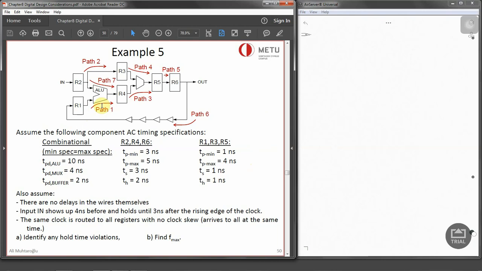For path 1, for Fmax we need R1's maximum propagation delay, the ALU's propagation delay, and R4's setup time. And for the hold time violation, we need R1's minimum propagation delay, plus the propagation delay of the ALU, minus the hold time of R4.